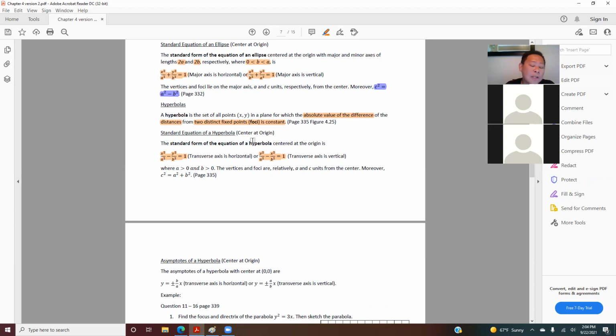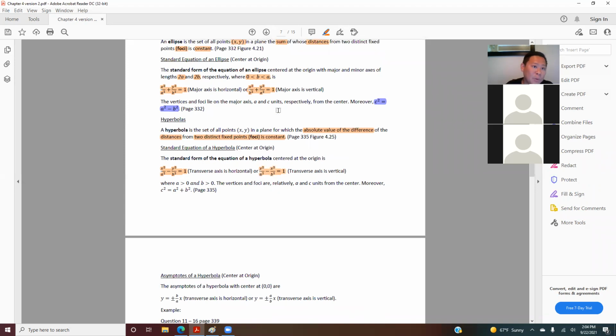I always tell my students to look at which variable comes first, which variable is positive. If you compare the ellipse and the hyperbola, for the ellipse both of them are plus, so the x variable is positive, the y variable is positive. But for a hyperbola, the positive one tells us which one the transverse axis is.